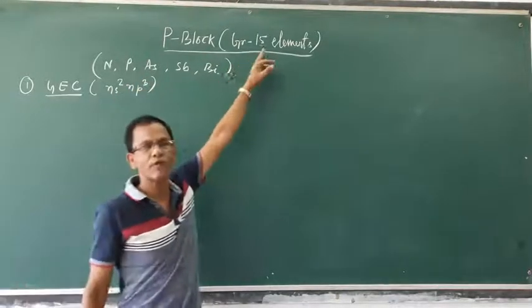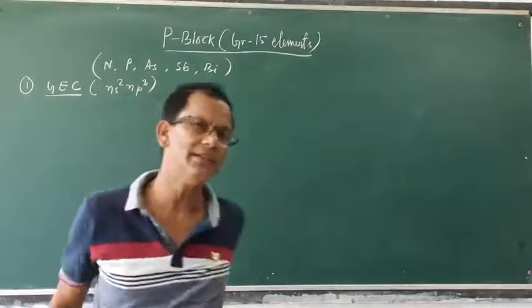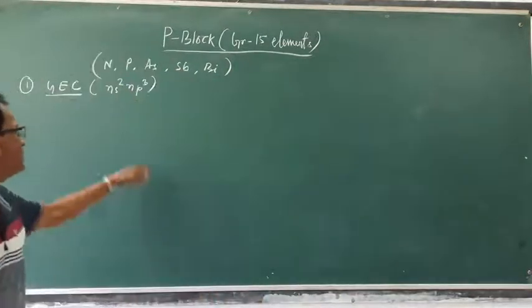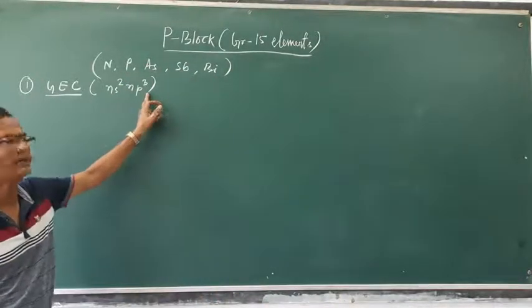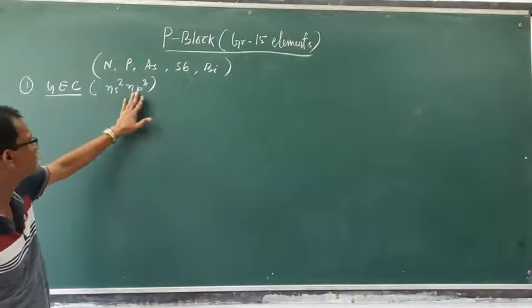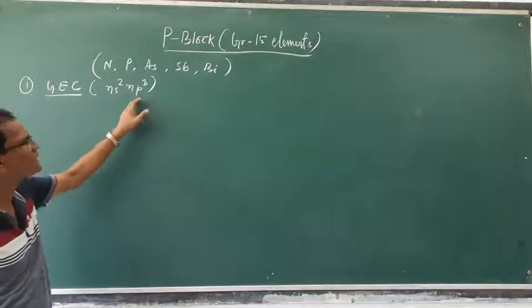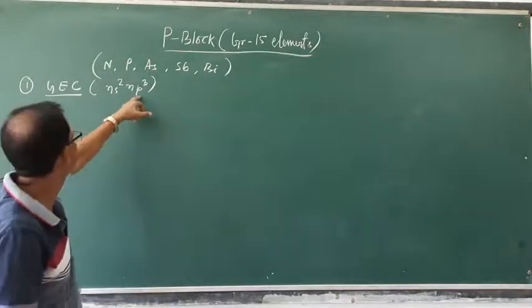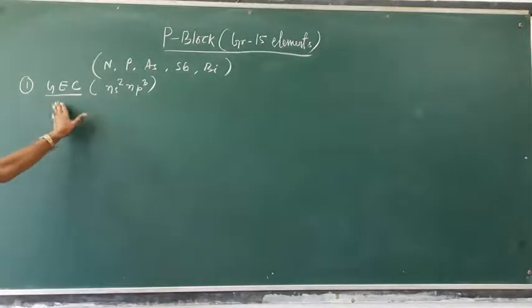Group 15 means 5 electrons are present in the outermost shell, that is ns2 np3. That means here the p subshell is half filled. This is the general electron configuration of group 15.